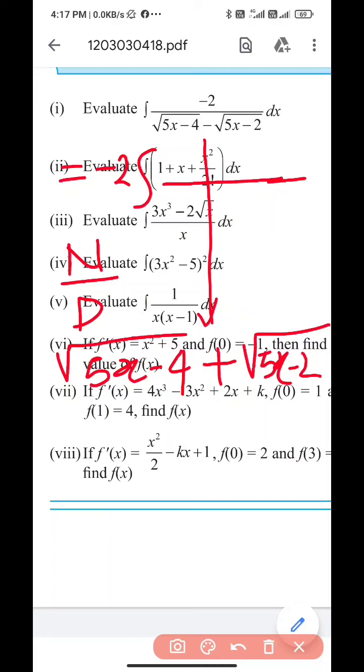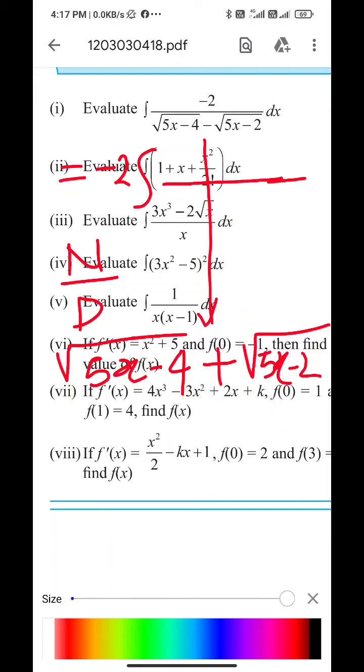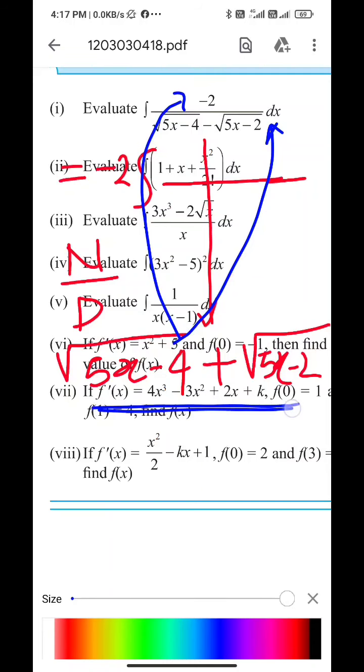So when we multiply this in the denominator as well as in the numerator, the denominator will be this.